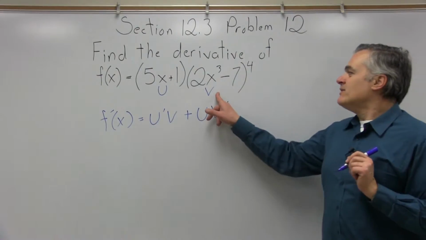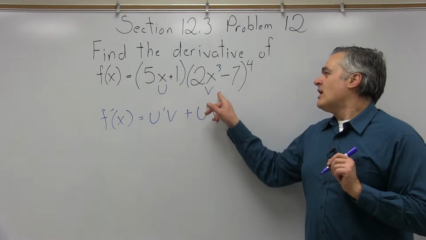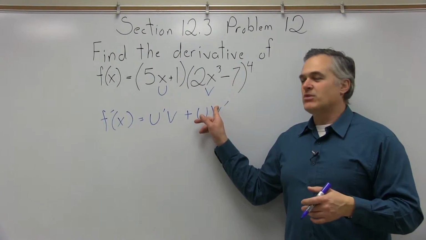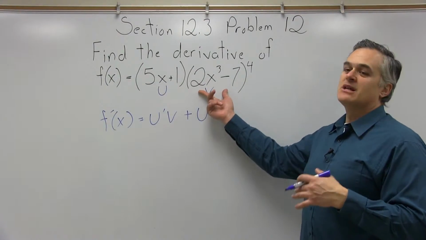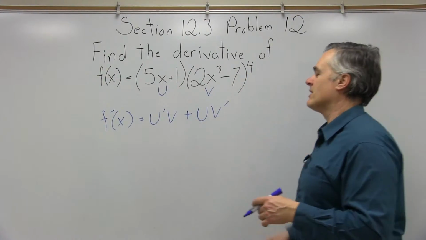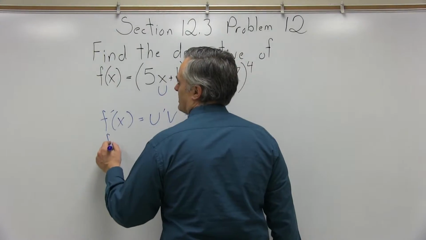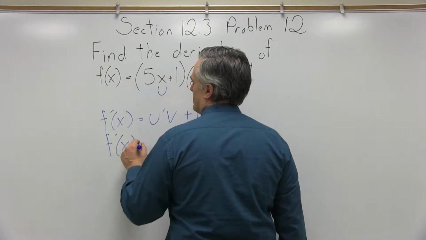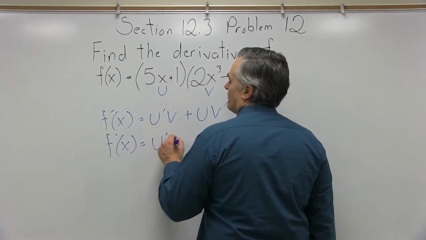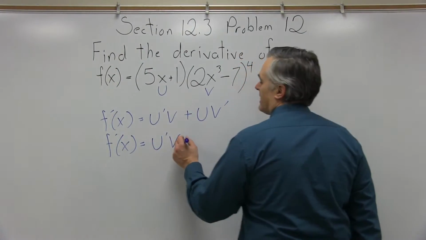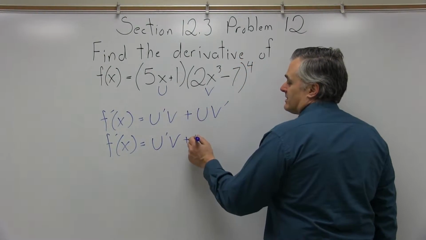Now when I get to the v prime portion of my product rule, then I'll have to apply the chain rule because v is some stuff in parentheses to a power. So what's going to happen is I'm going to have f prime of x equals u prime v. That can stay fine the way it is. Plus u, that can stay the way it is.